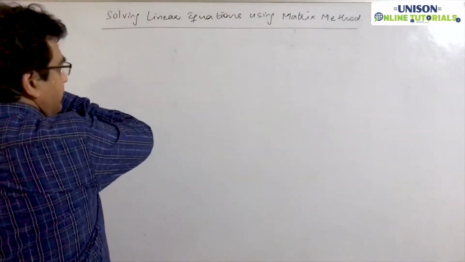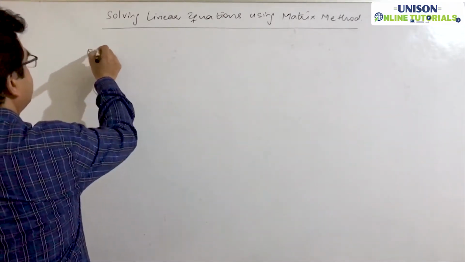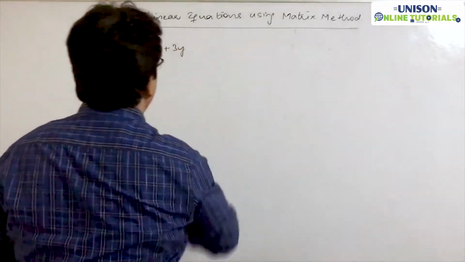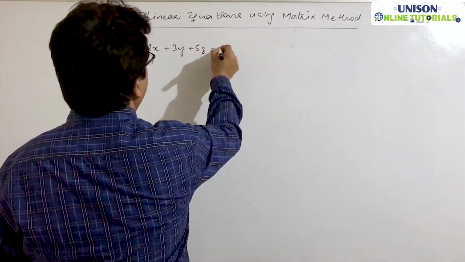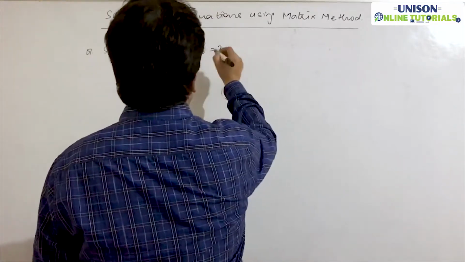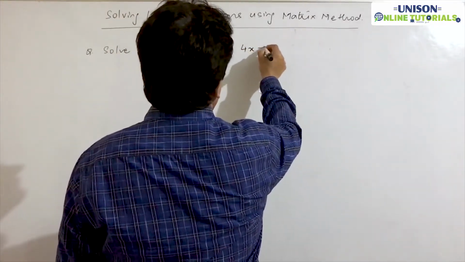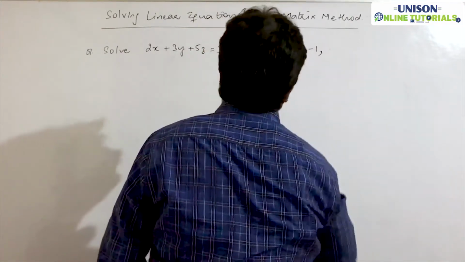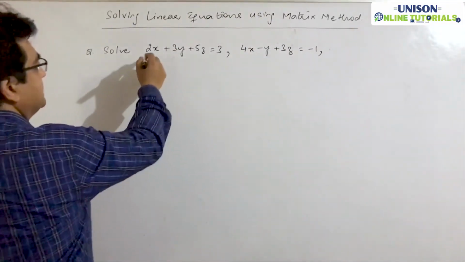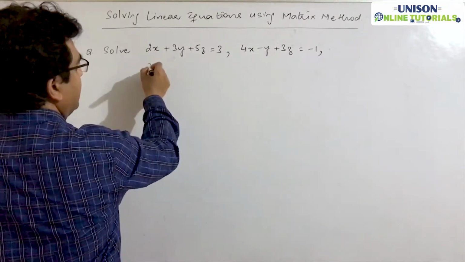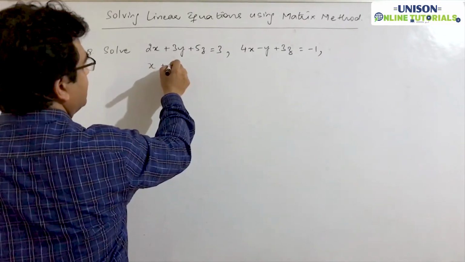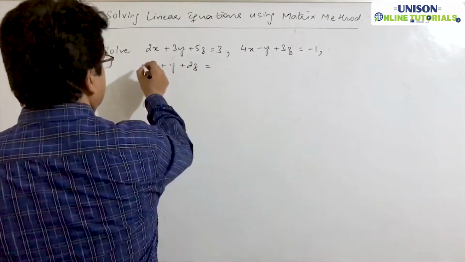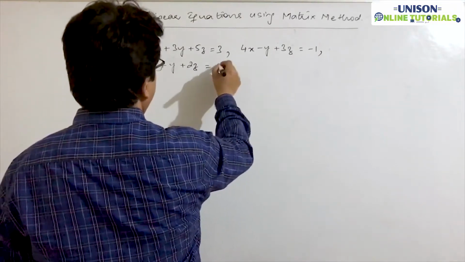Suppose we have three equations. Solve 2x plus 3y plus 5z equals 3, then 4x minus y plus 3z equals minus 1, and x plus y plus 2z, 4x plus y plus 2z is equal to 2.